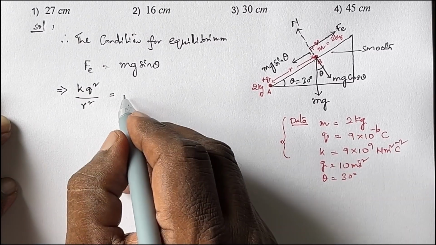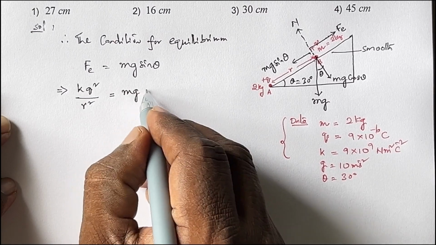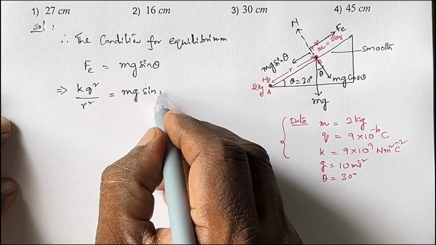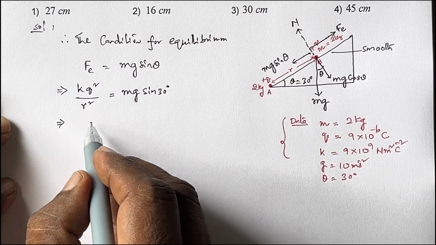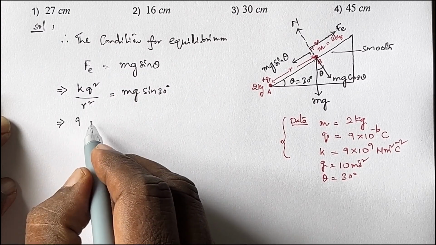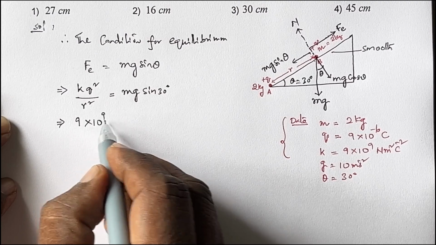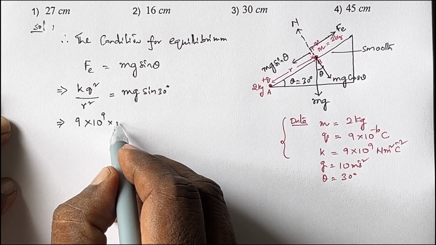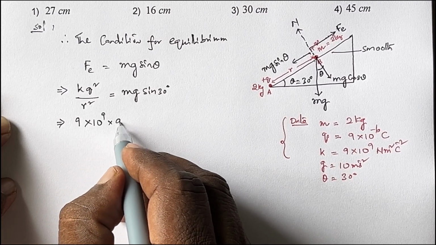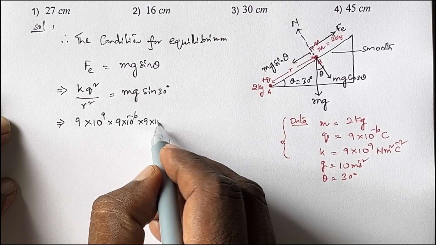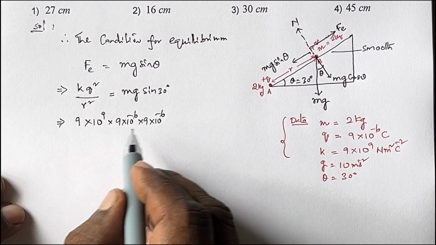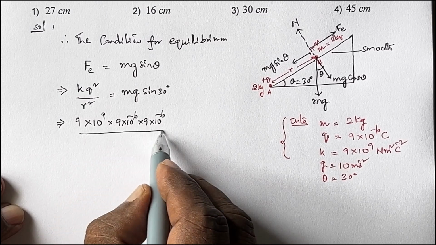So mg sin 30 degrees. Now what is the k value? 9 into 10 to the power of 9, q square, q is 9 into 10 to the power of minus 6 into 9 into 10 to the power of minus 6, divided by r square.